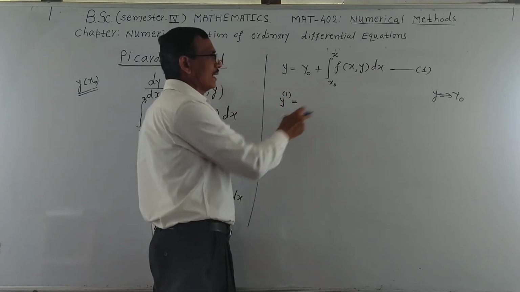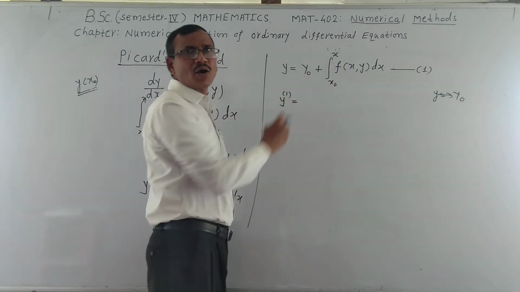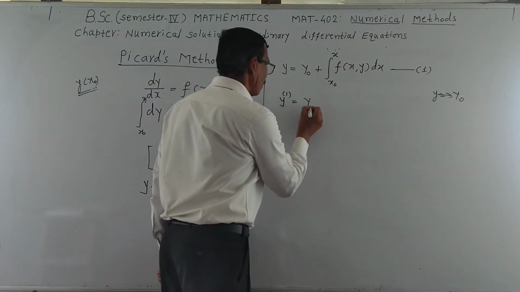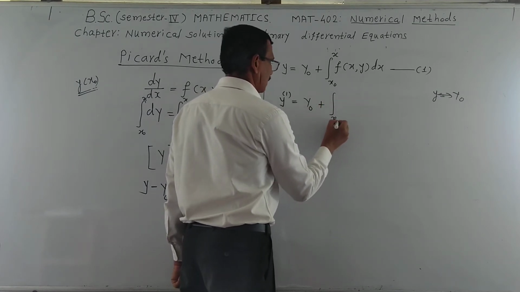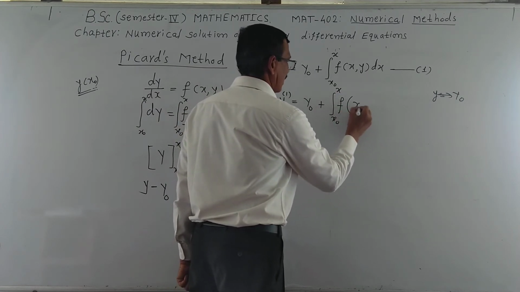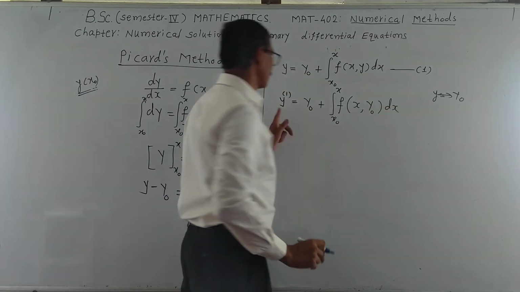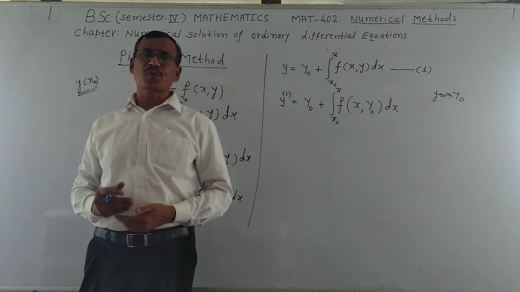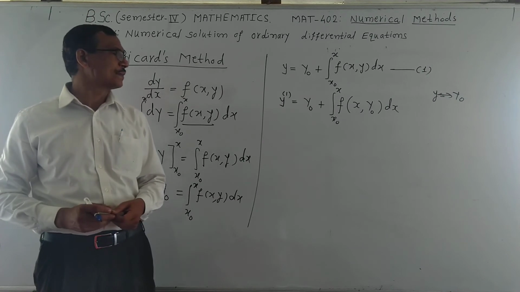It is obtained by replacing y by y0 on the right hand side of equation 1, and therefore y1 is equal to y0 plus integral x0 to x f of x, y0 dx. Using this equation, we can find the first approximation, that means the first approximate value of y.